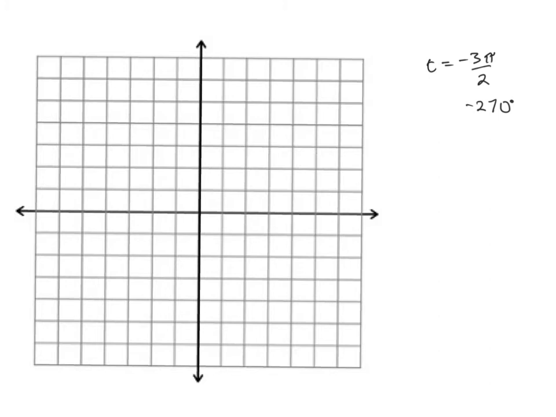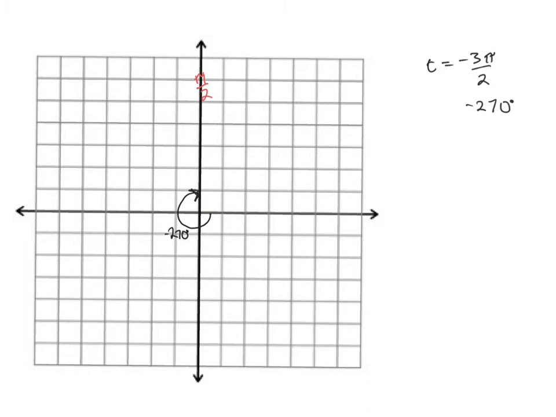Is it 270? Yes, 180 plus 90, it's 270. So negative 270, we start here, we go all the way in the negative direction, clockwise, and it would end up right here. Or, as I'd like to think of it, it ended up at pi over 2 in terms of our radians.